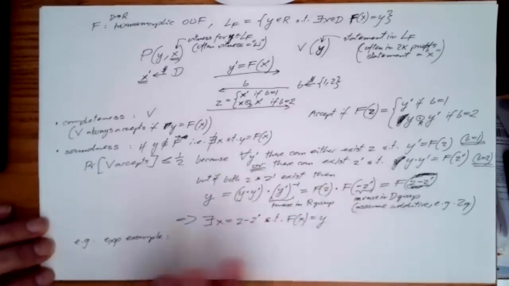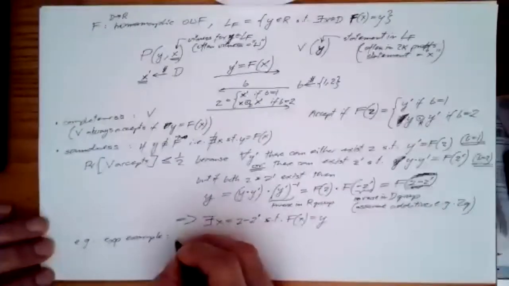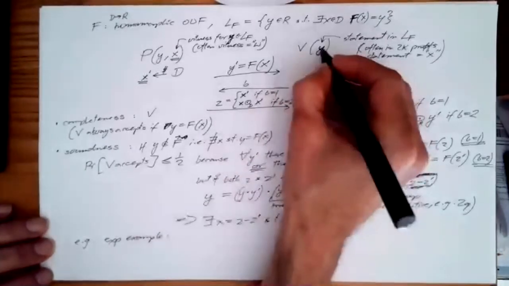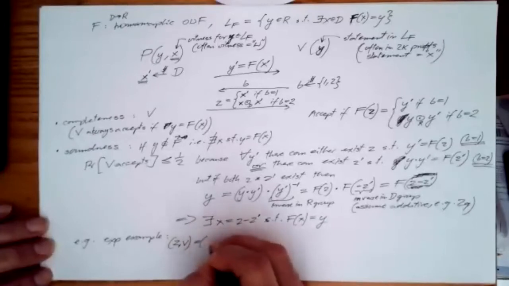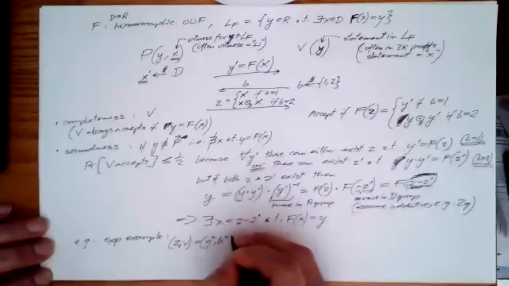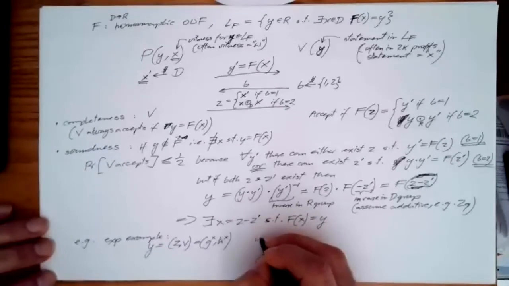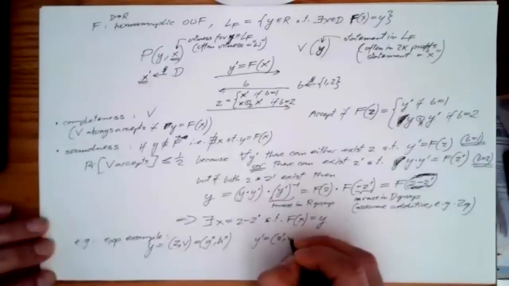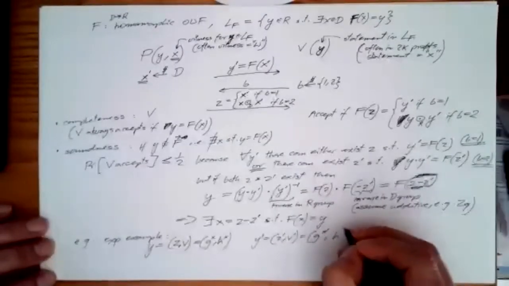If you are bothered by the abstract notation here, well, I have to change notation. zv is g to the x, h to the x. So that's a y. Y prime would be z prime v prime, would be g to the x prime, h to the x prime.